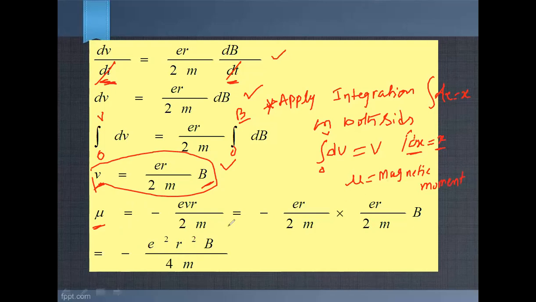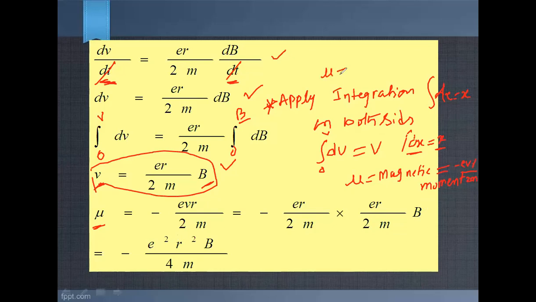What is magnetic moment? We have a formula for magnetic moment, which is equal to minus eVr by 2m. This is the formula for magnetic moment, beta. You should remember this.